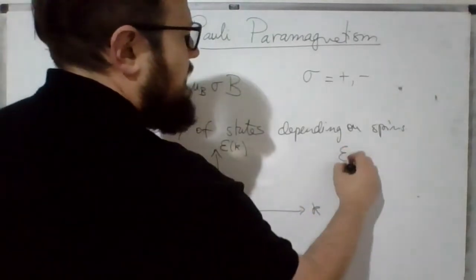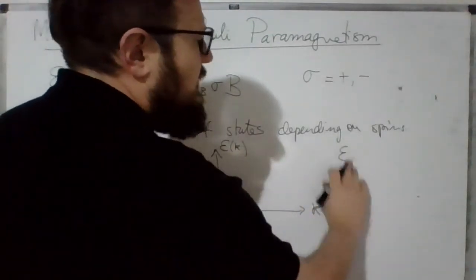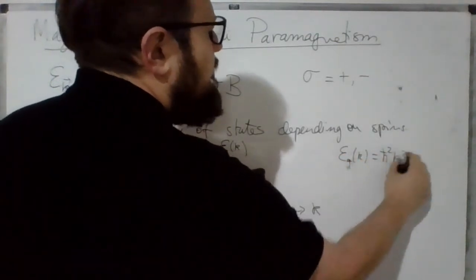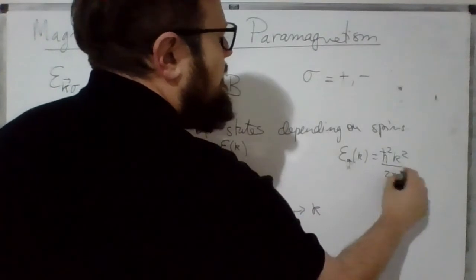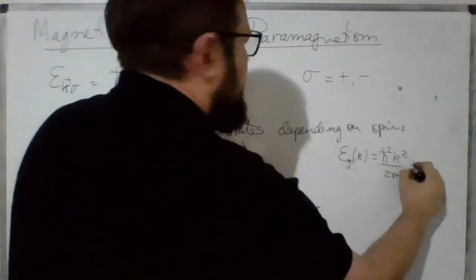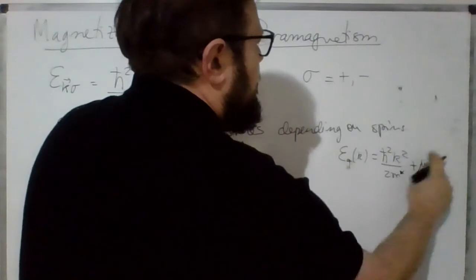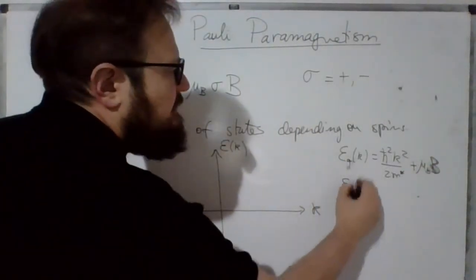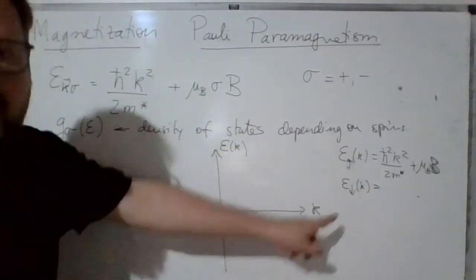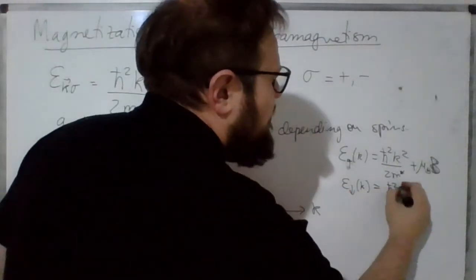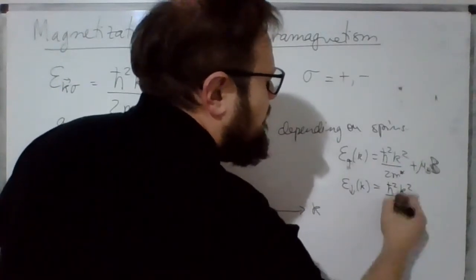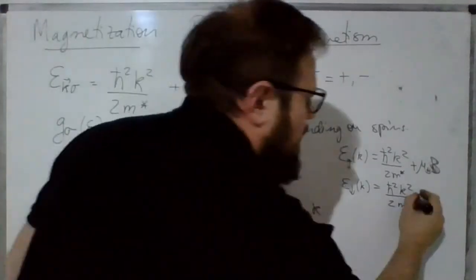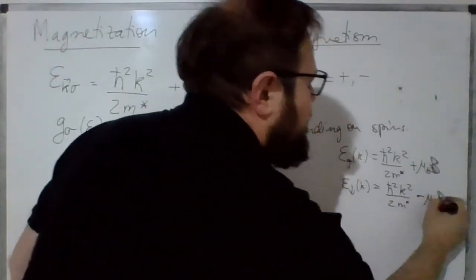So remember that the energy depending on k for up spins will be h bar k squared divided by twice the mass, plus a Bohr magneton times B. And for the down spins, depending on k, the energy will be given by h bar k squared divided by 2 times the effective mass minus a Bohr magneton times B.